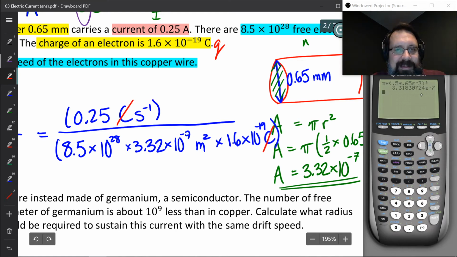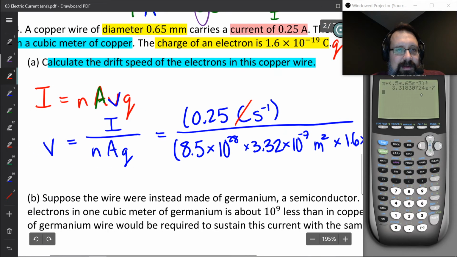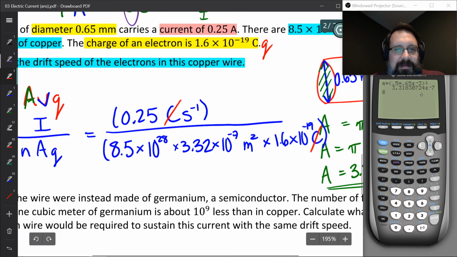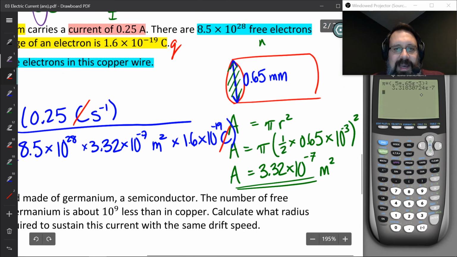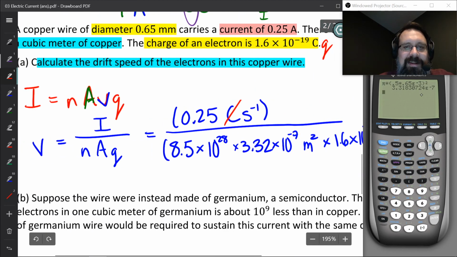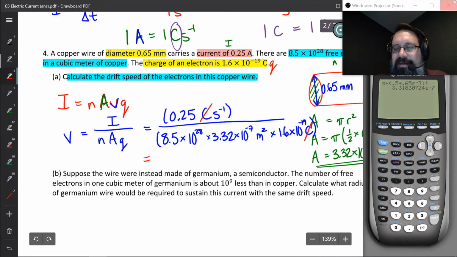Okay, then what else? I'm having problems. How do I have meters squared per second? What am I doing wrong here? I haven't made any mistakes. I don't know what's going on. Anyway, let's just calculate what this answer is going to give us.